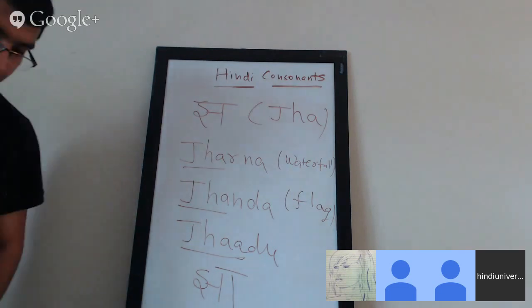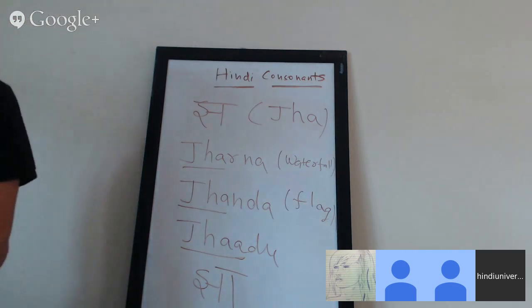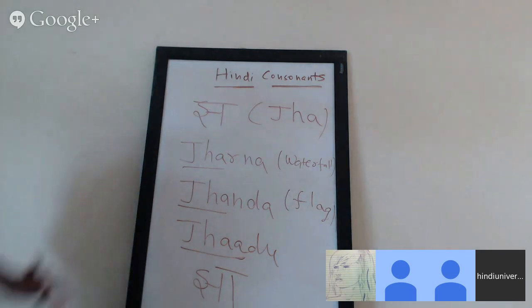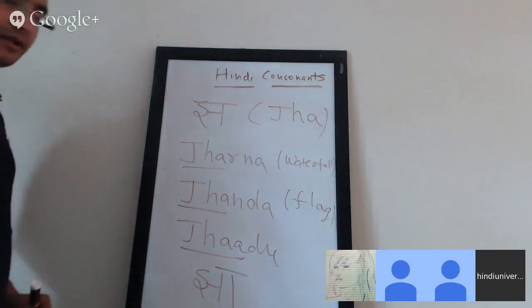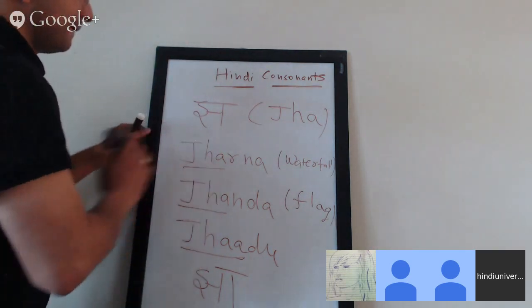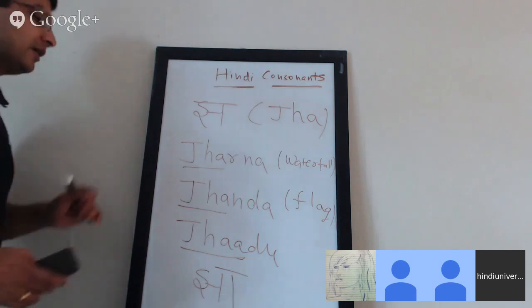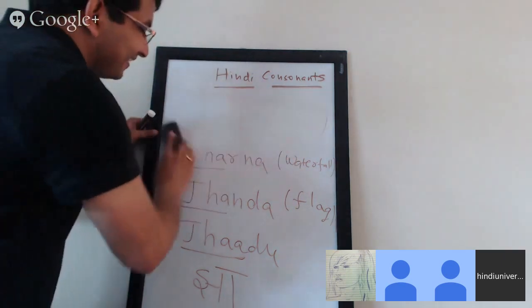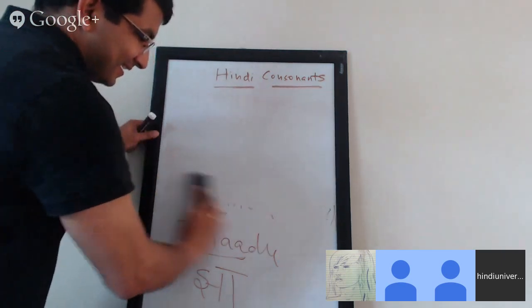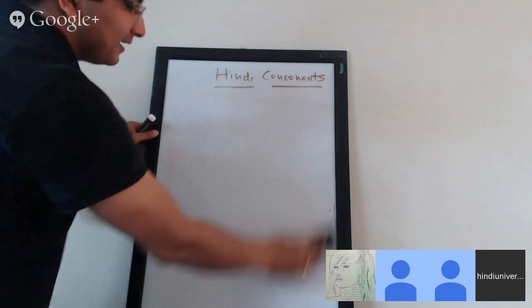Jadu. What else? Can you think of some more words which have the jha sound? Feel free to write on the chat box if you can think of more. I can give you one more here, so that way we'll have some more varieties.